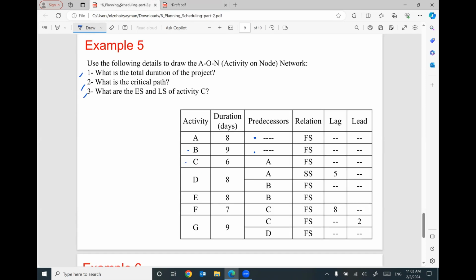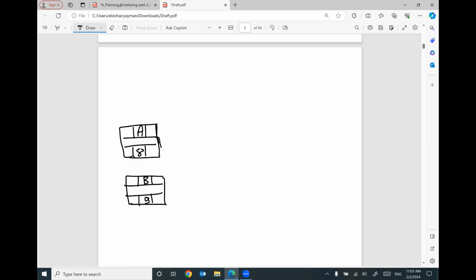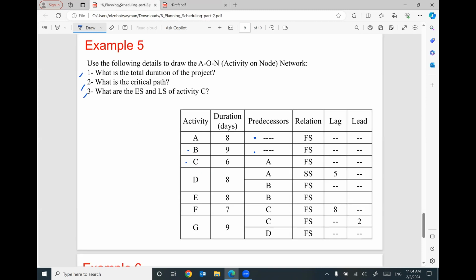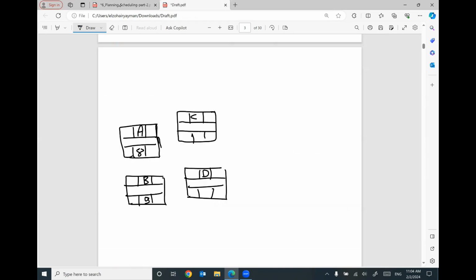Activity C has a predecessor A. So I can put C here. And D will be here. The duration for C is 6.